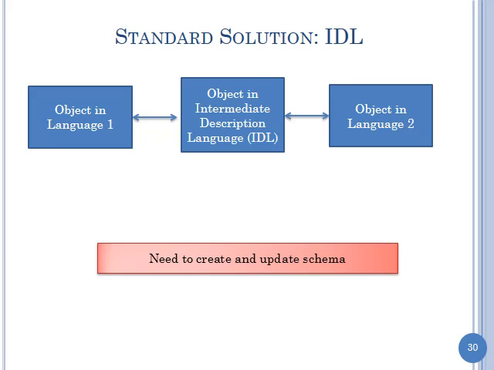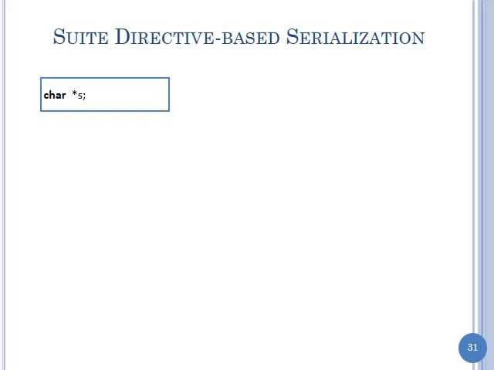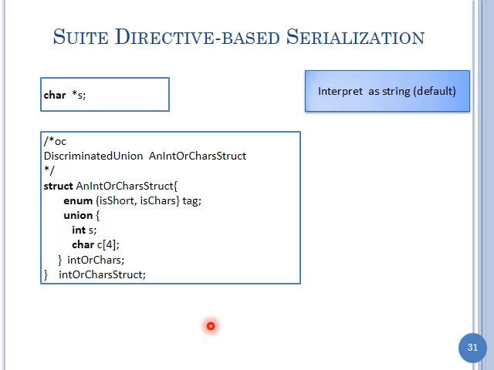It's a real pain because you've got to have a typedef in C, a C .h file and an IDL file. Whenever you change the C file, you've got to change the IDL file. Nobody wanted to use it. What I did was say you can put a little annotation saying this is really this type. You basically take an existing type and annotate it rather than have a whole new type system into which you translate.